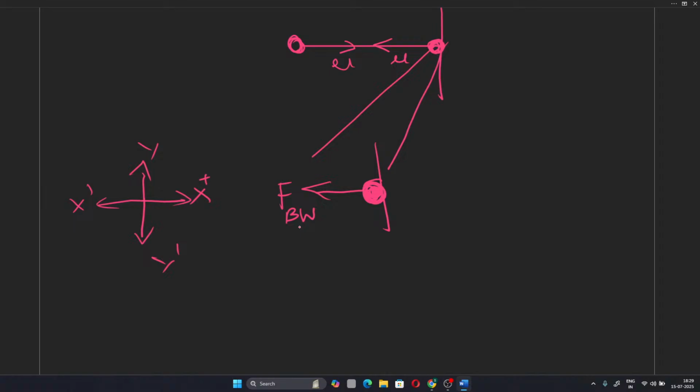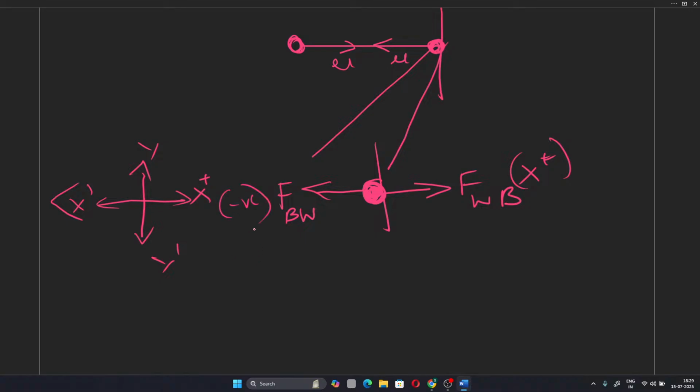The force on the ball due to the wall is acting in the negative x direction, and the force on the wall due to the ball is acting in this direction. In this case, it is the positive x direction. Here, the force on the ball is acting in the negative x direction.